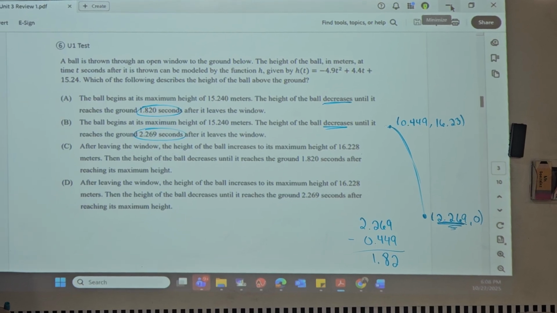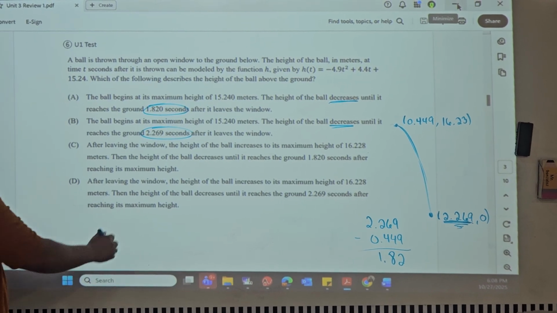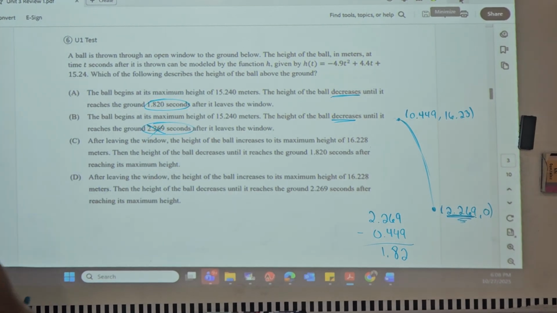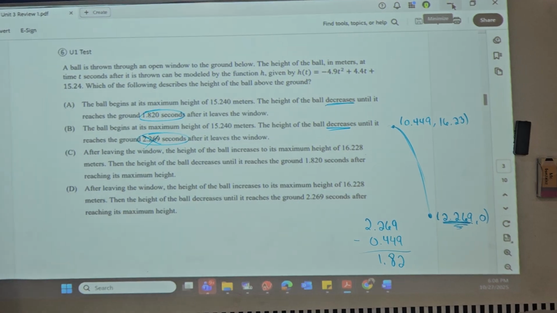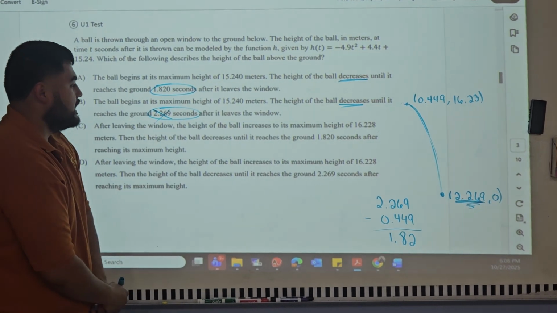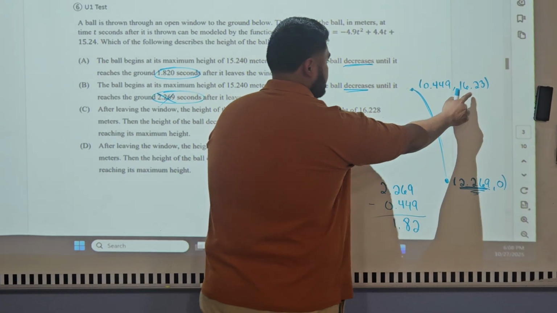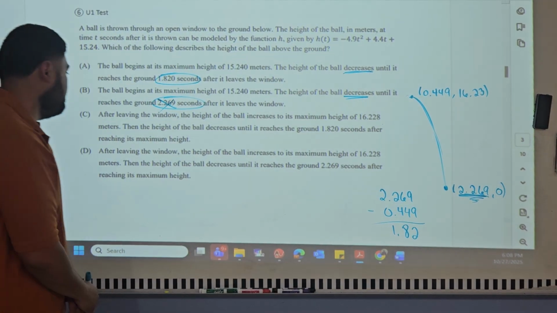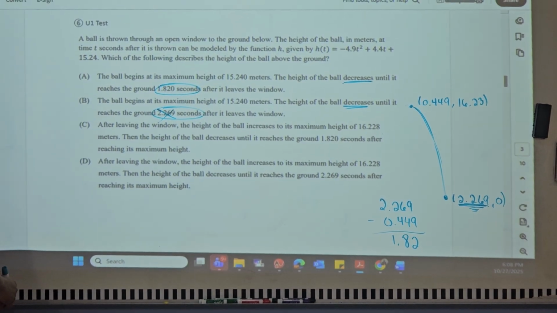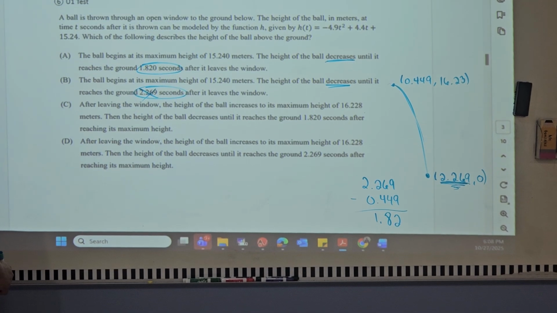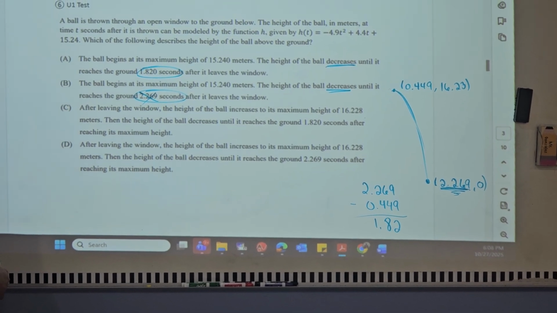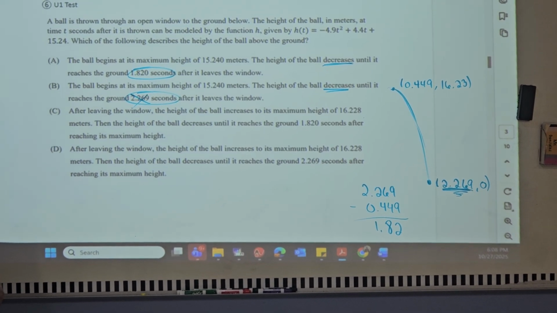So what else are we learning here? What about C? Automatically this one's out. After leaving the window, the height of the ball increases to a maximum height of 16.228, which is true. Then the height of the ball decreases until it reaches the ground 1.82 seconds after reaching its maximum height.